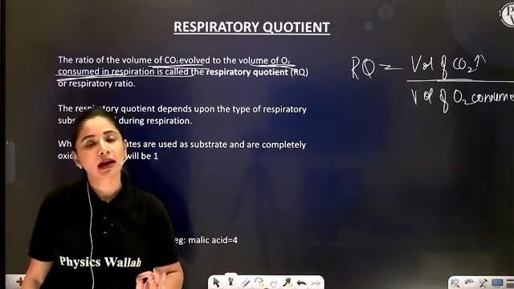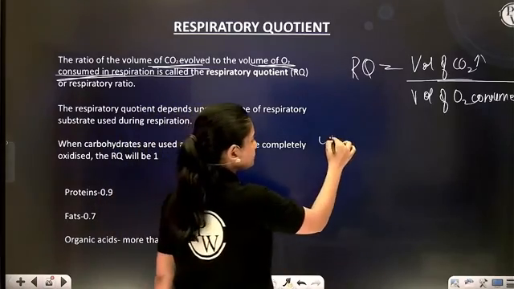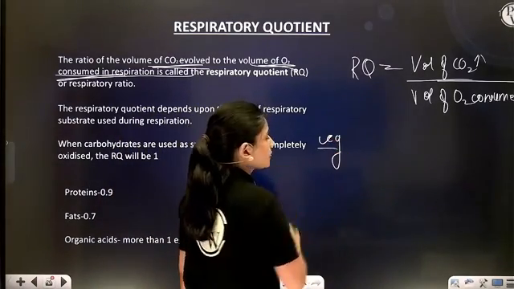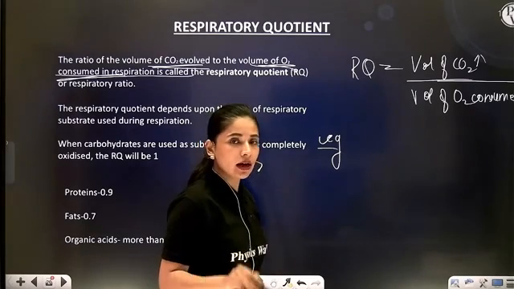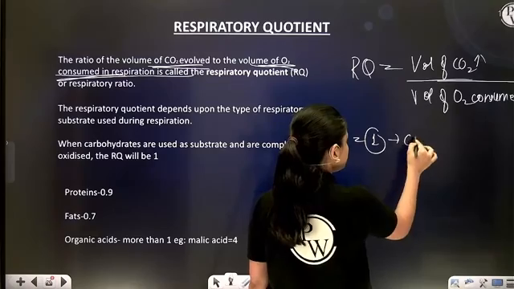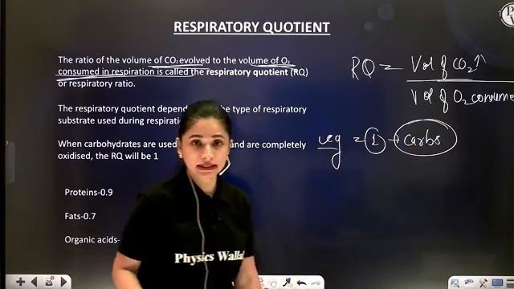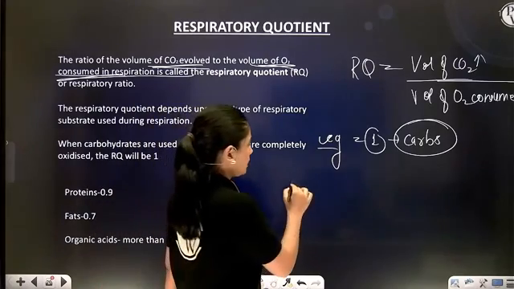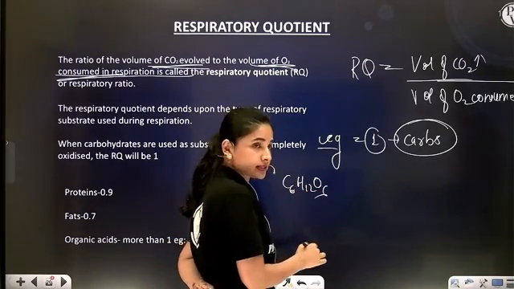Very simple example I will use to explain this. For example, if I talk about carbohydrates, for all carbohydrate, RQ value is always 1. Why? What is the reason? Let's see. Now, the simplest form of sugar is C6H12O6.